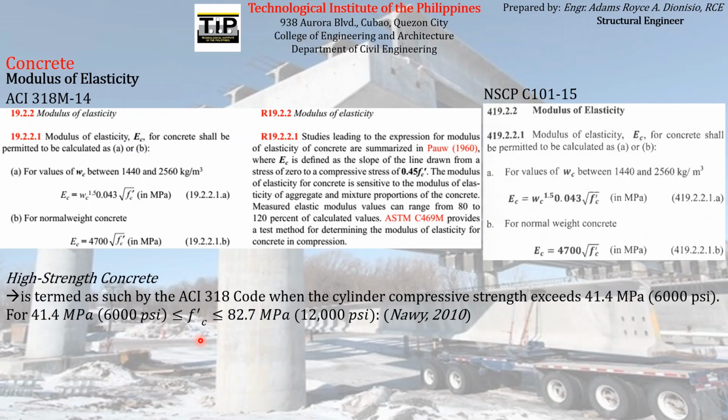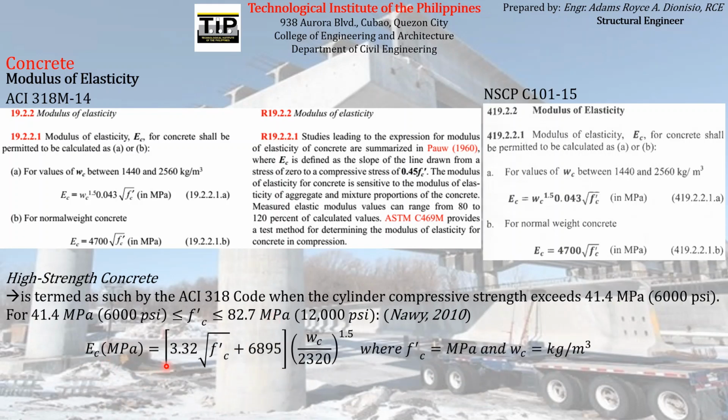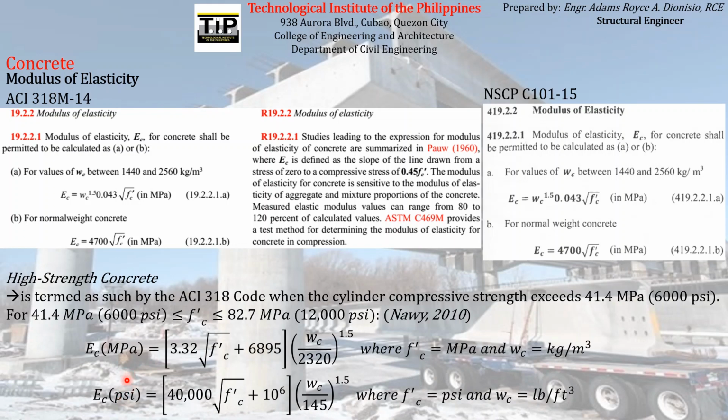For concretes that have a compressive strength greater than or equal to 41.4 megapascal and less than or equal to 82.7 megapascal, the formula for computing the modulus of elasticity, if you want to express it in megapascal, is this. Or if you want to express it in psi, pounds per square inch, you can use this formula. So that is how you can compute the modulus of elasticity of concrete.